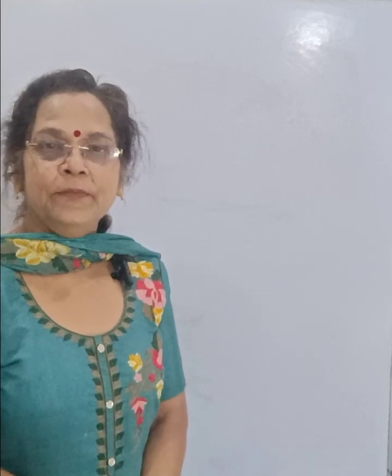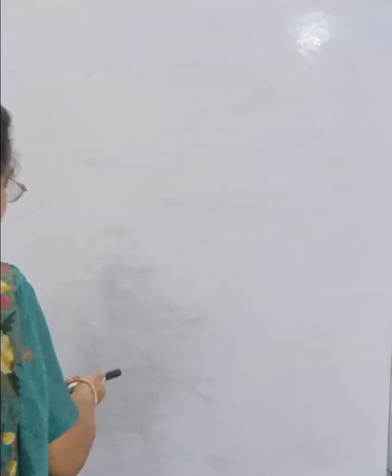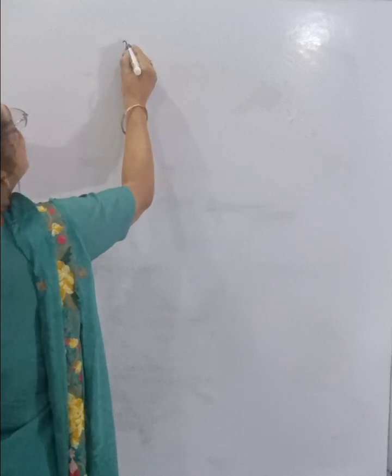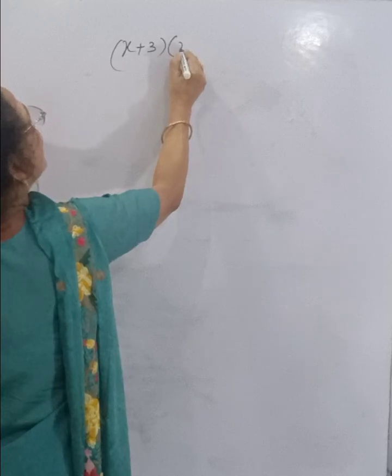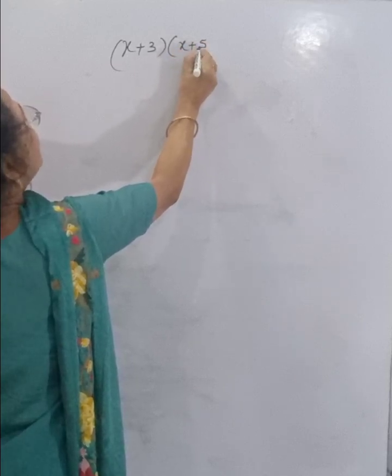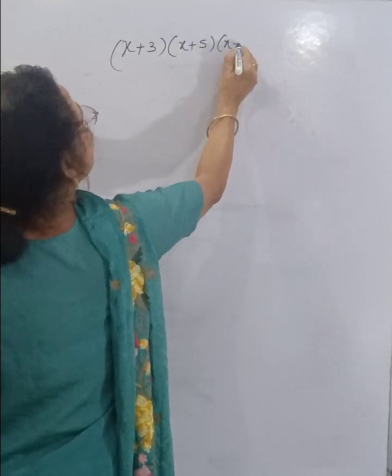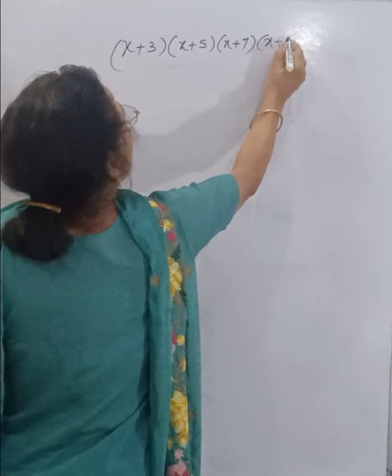Today I am with algebraical equations, a competitive type algebraical equation. You have to find the value of x in the equation (x + 3)(x + 5)(x + 7)(x + 9).